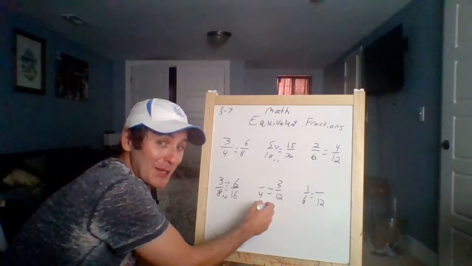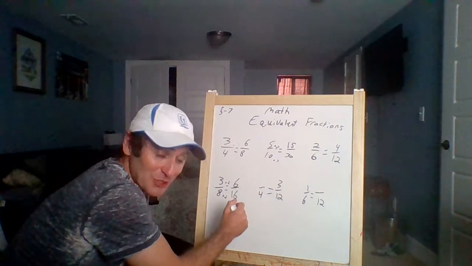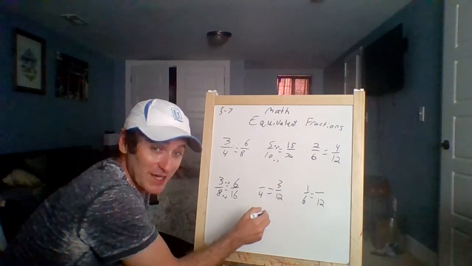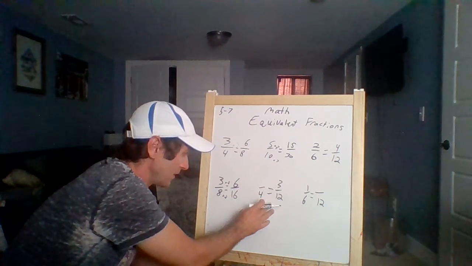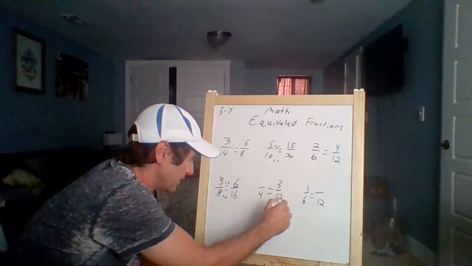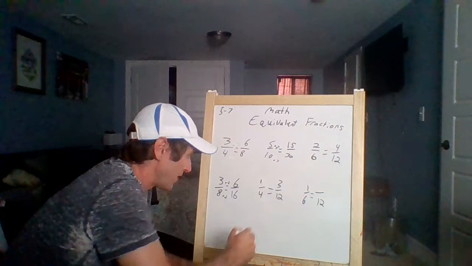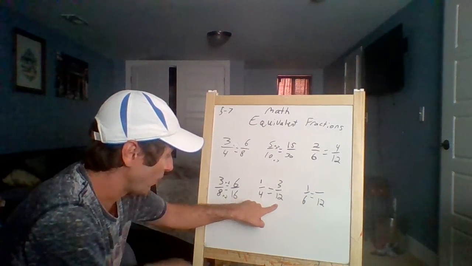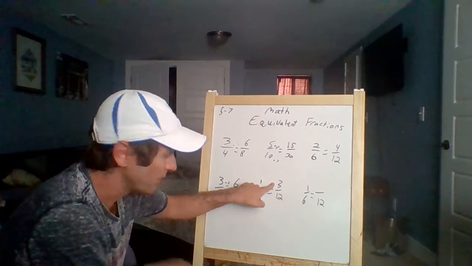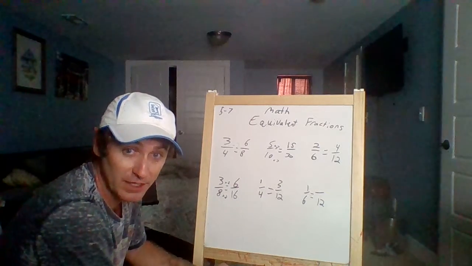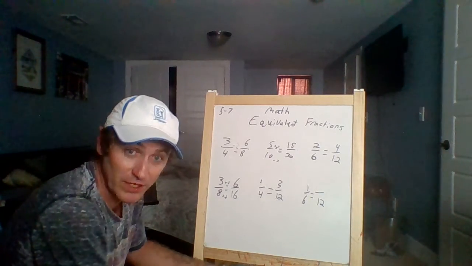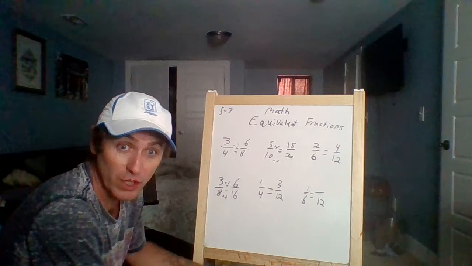How many times will 4 go into 12? 4 will go in 3 times. And so let's see. That leaves me 3. 12 divided by 4 is 3. 3 divided by 3 on the top is 1. Does 1/4 equal 3/12? It sure does.